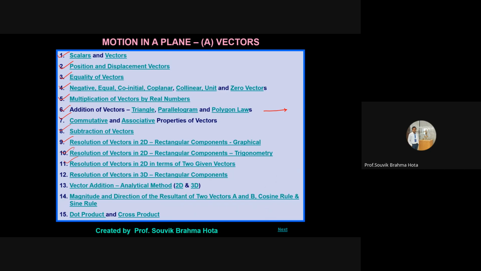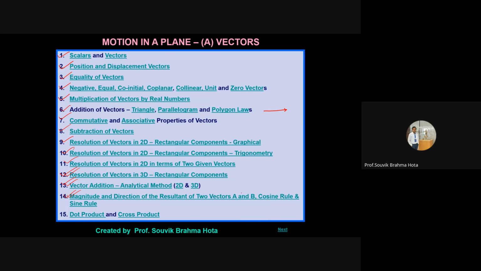But what is added is the 3D part. And also there is a comparison between the vector addition of 2D and 3D. Then magnitude and direction of the resultant of two vectors A, B, that is cosine rule, and dot product, cross product, all these things are there.